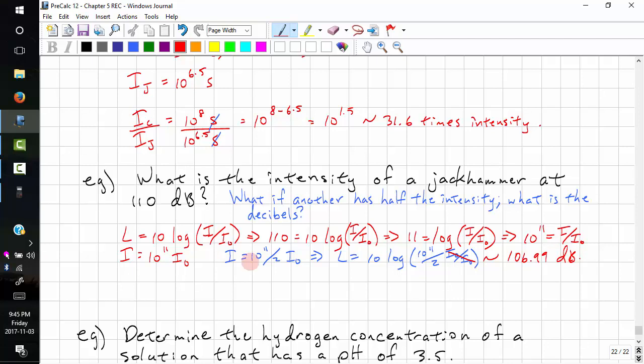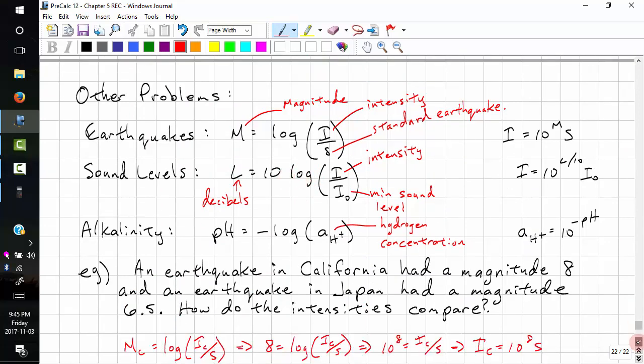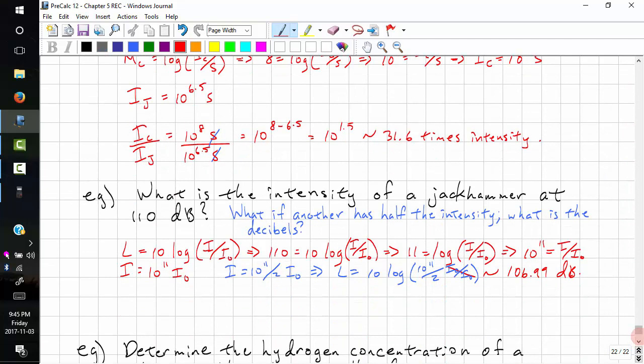Now, we know that decibels is a log measure, and we're multiplying it by 10. If we want half the intensity, here's the shortcut. We take our 110 decibels. This is already a log value. This is 10 times the log value of half the intensity. So we're multiplying by half.